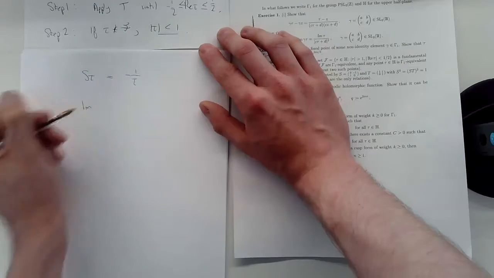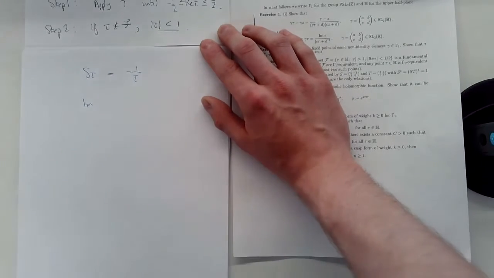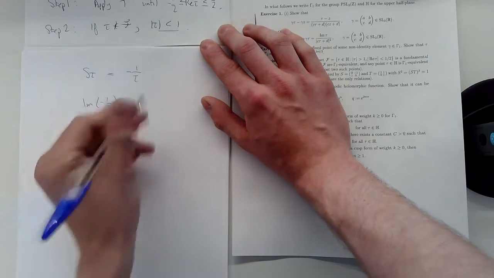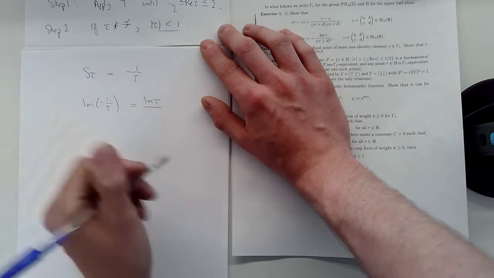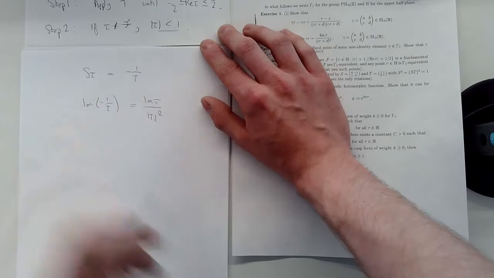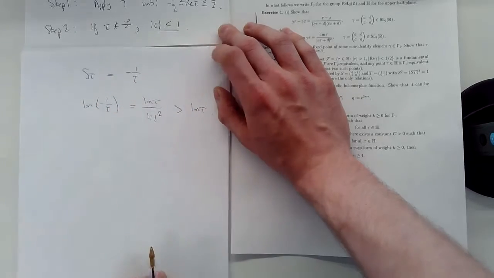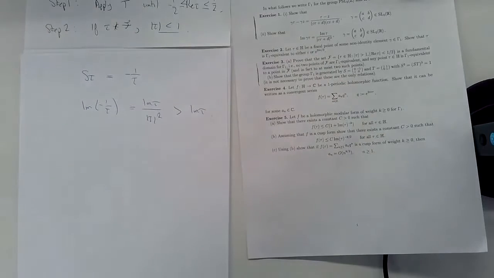You can check from the previous exercise that the imaginary part of -1/tau is going to be the imaginary part of tau over absolute value of tau squared, which is strictly greater than the imaginary part of tau that we started with. So we're increasing the imaginary part by flipping with S.